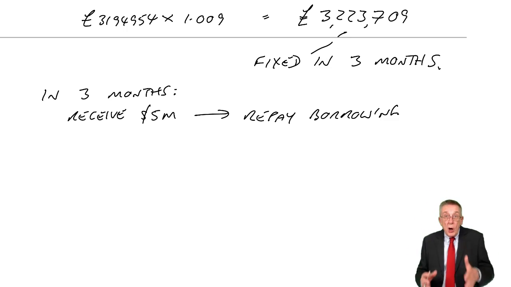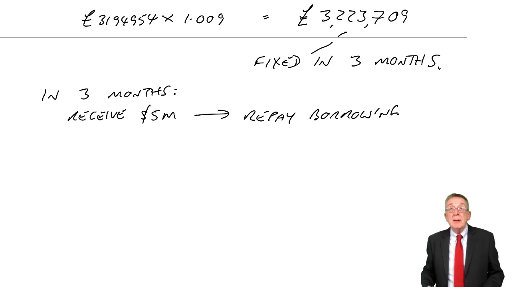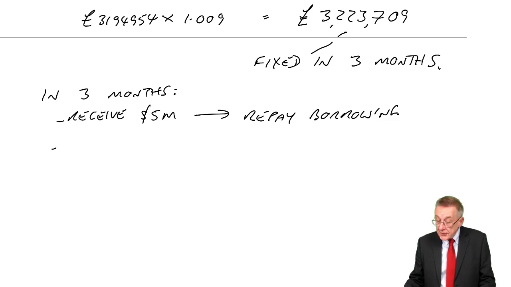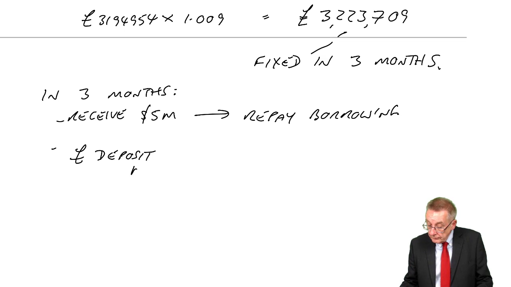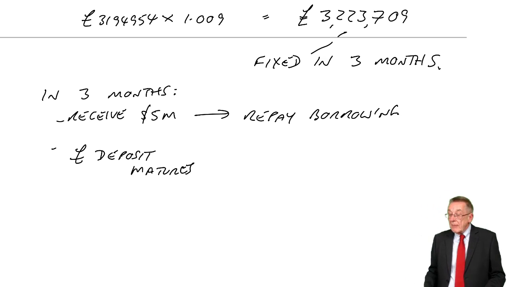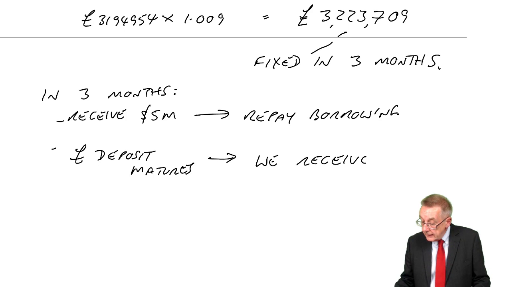In 3 months' time, we'll owe 5 million. So when the customer's money comes in, straight to the repay. Second thing that happens, though, in 3 months' time, our pound deposit matures. And so what happens then? We receive 3,223,709.